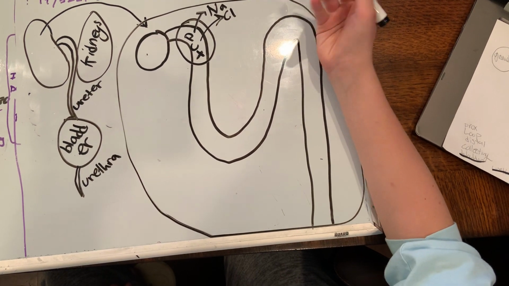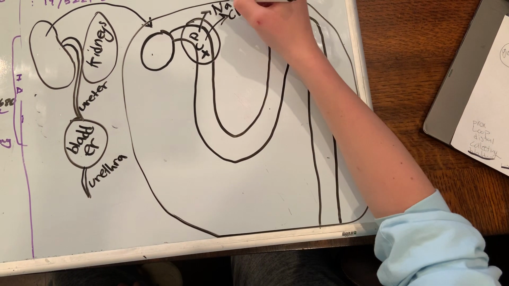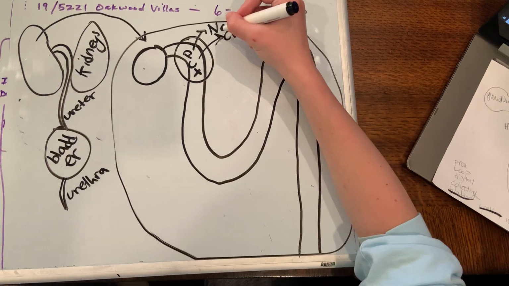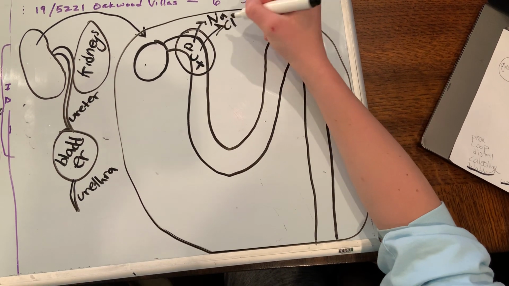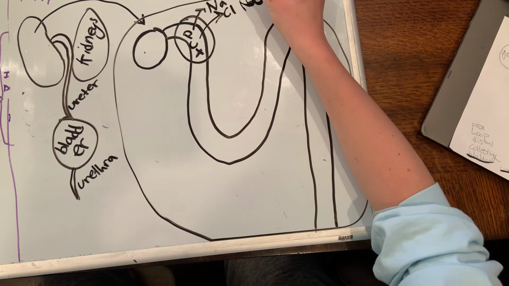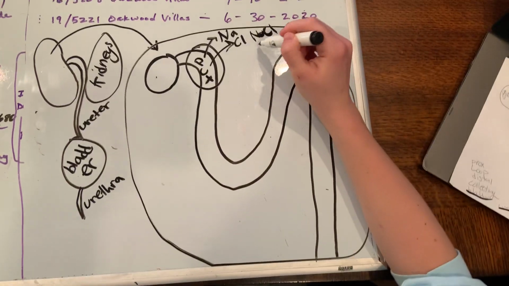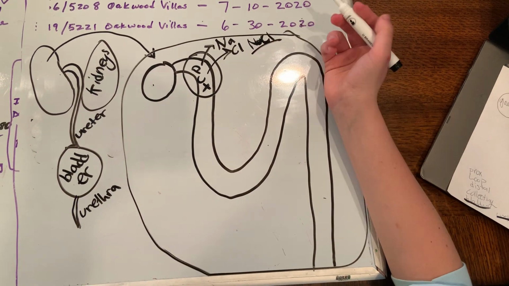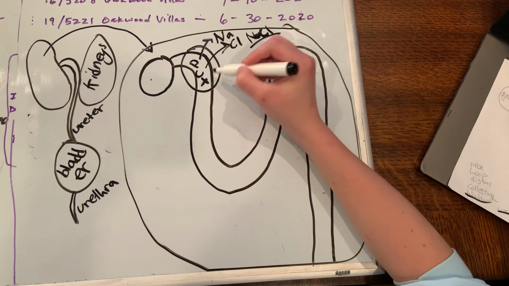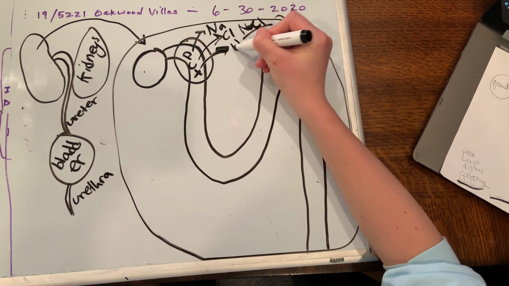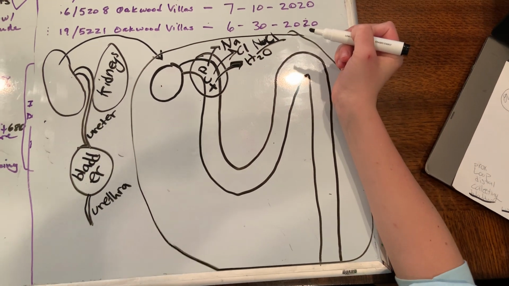So Na and Cl is not getting excreted. And whenever NaCl gets reabsorbed, and whenever you have salt or sodium chloride right here, water is always going to want to follow that sodium chloride, right?